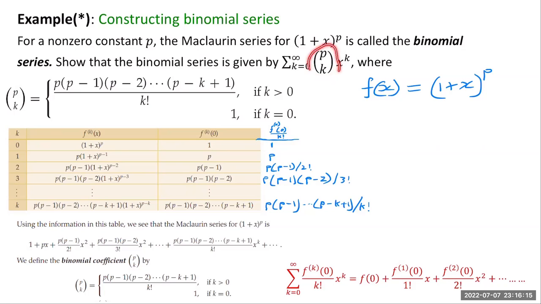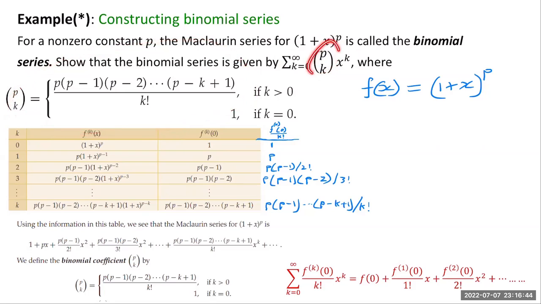Or sometimes you say p choose k, okay? It is defined by this formula. It is equal to this expression if k is bigger than 0, and if k is equal to 0, then it is going to be 1. Okay, so what does this mean? We need to find the Maclaurin series of this one, and we have to show that it takes this form with this quantity given by this formula.